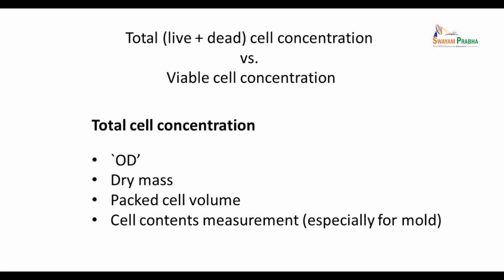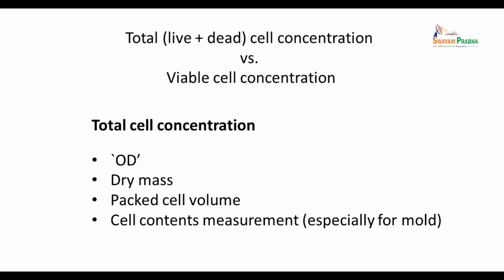You could also use something called packed cell volume. This is the volume that is occupied by the cells in a rather concentrated solution of cells, typically in the industry. Packed cell volume is used in some industries as a measure of the total cell concentration, the fraction of volume that is occupied by the cells. Or you could also use cell contents measurements, especially for molds.